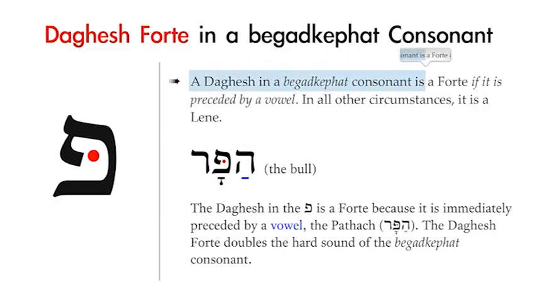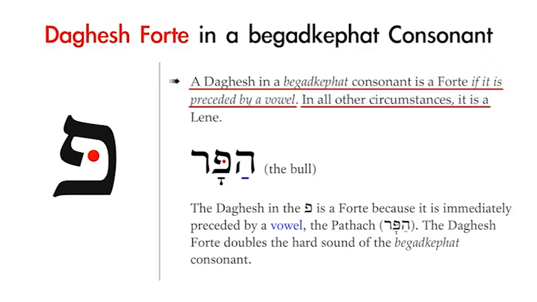A Dagesh in a Begad Kefat consonant is a forte if it is preceded by a vowel. In all other circumstances, it is a lene. So let's take a look at our example below to make sure we understand. Here we have a Dagesh in the pei for the word hapar, the bull.